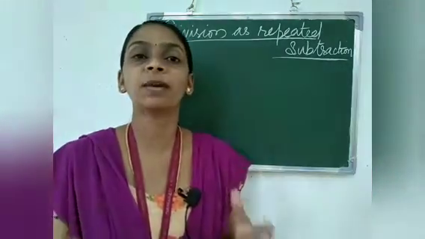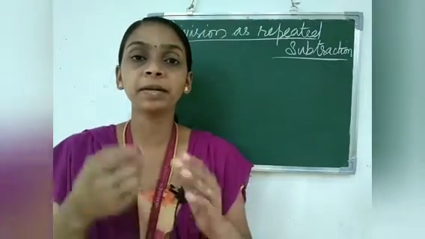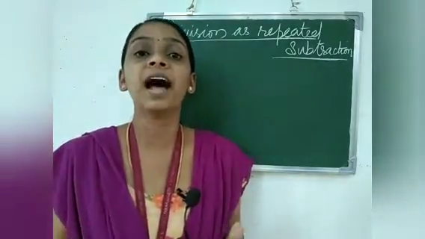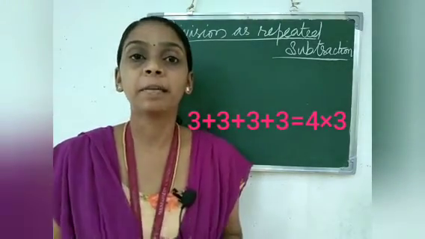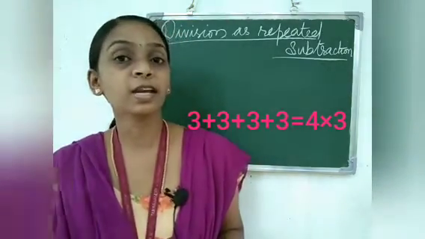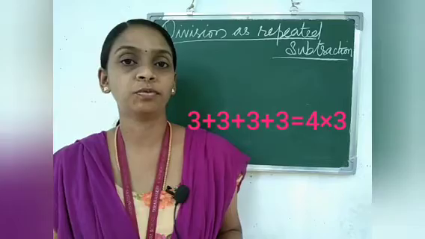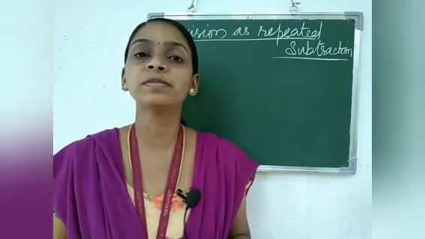Do you know what is multiplication? Multiplication is the repeated addition method that we already studied. That is 3 plus 3 plus 3 plus 3 equals 3 into 4, or 4 times 3.